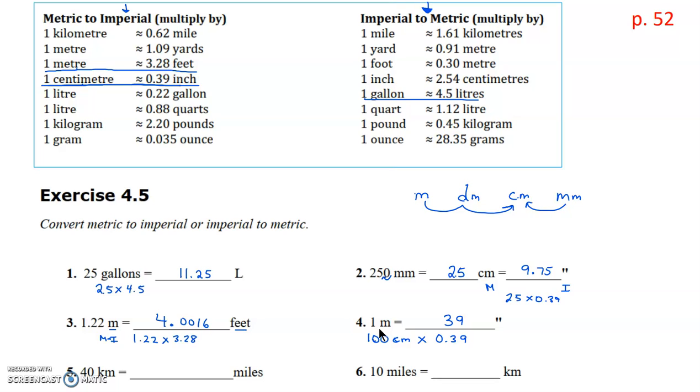For number 5, we're going from kilometers to miles, so we're going from metric to imperial. So we'll use our left-hand table, and we're looking for our kilometers and miles, and it's right at the top. So we're going to be multiplying 40 by 0.62, and that will give us a result of 24.8 miles.